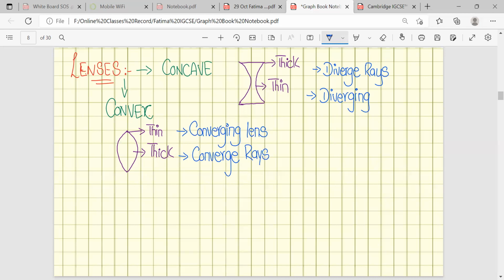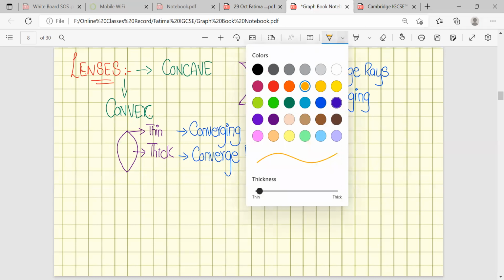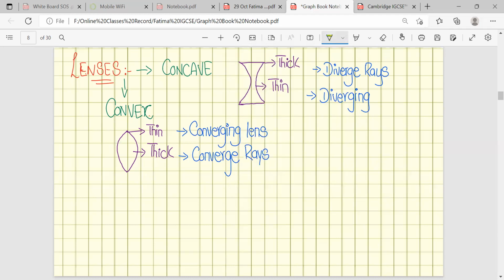And if we discuss the nature of image, what will be the nature of image in concave? If we write the nature of image for concave lens, what will be the nature of image when light rays pass through concave lenses?